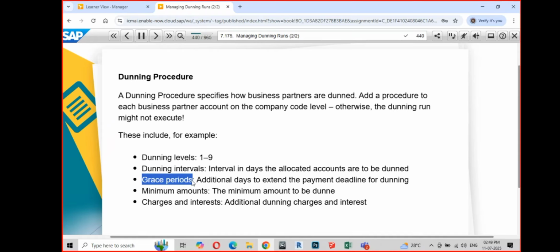The concept of minimum amounts is this. Now, I have a very, very important customer of mine, Measures A Limited.